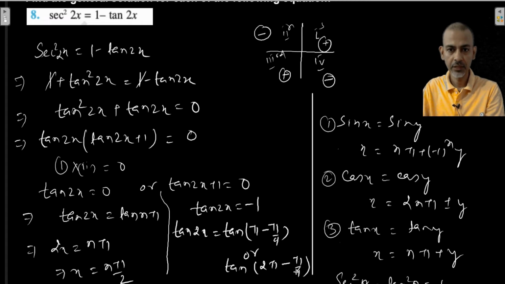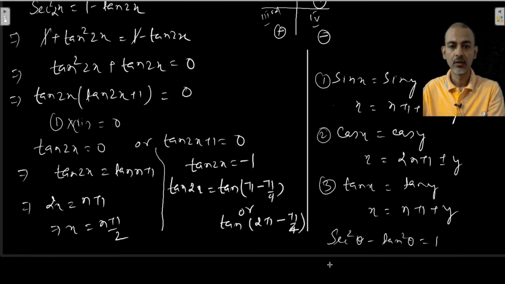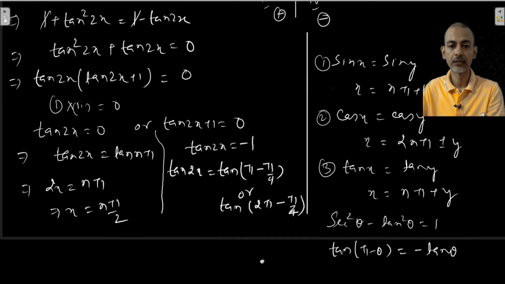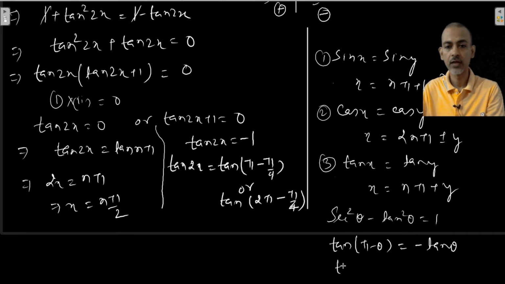So what I've done over here is, I know that tan of pi minus theta is minus tan theta, and I also know that tan of 2 pi minus theta is minus tan theta.